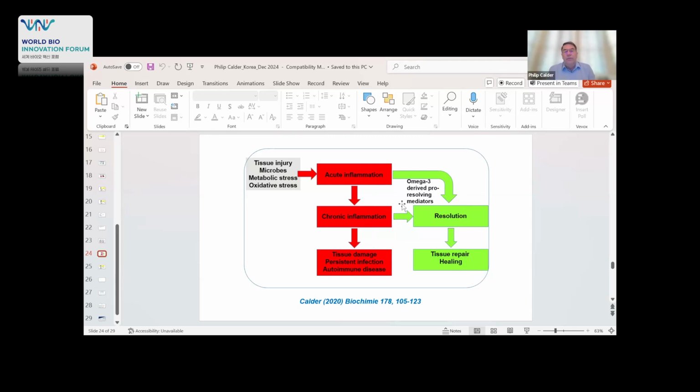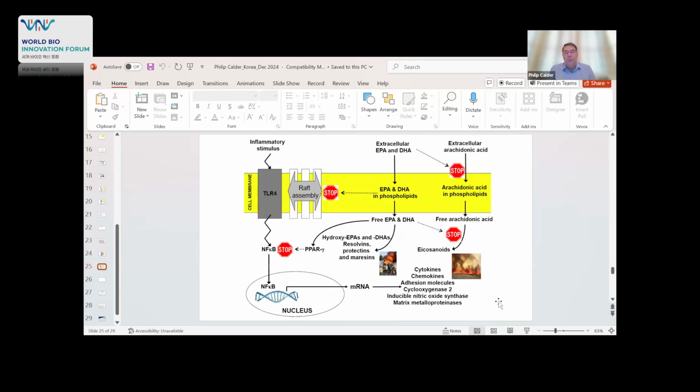So in model systems, it's been demonstrated that providing the omega-3 derived SPMs rescues chronic inflammation and drives resolution. So one argument about loss of resolution is insufficient supply of omega-3 fatty acids to support the resolution process. So that's an interesting new angle on inflammation.